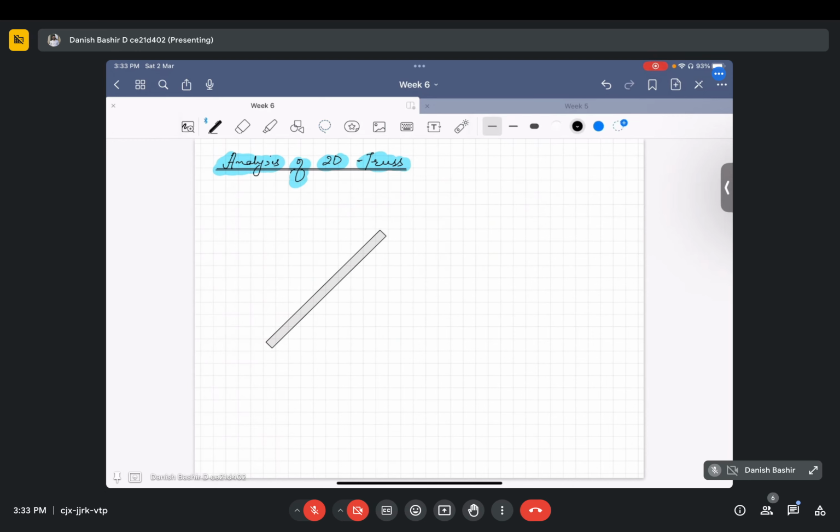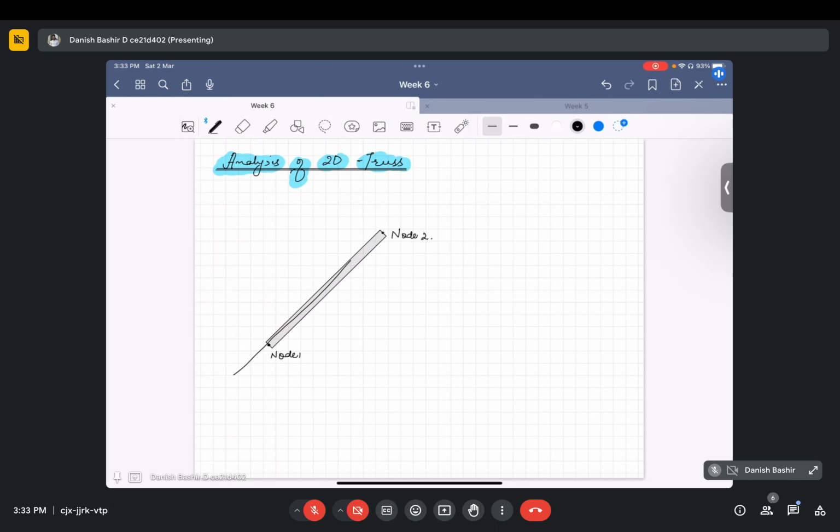We have node 1 here for this member, and for the other side, node 2. Okay, like this. Then we can see that, for example, its axis is inclined like this.